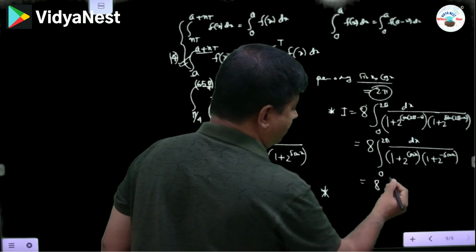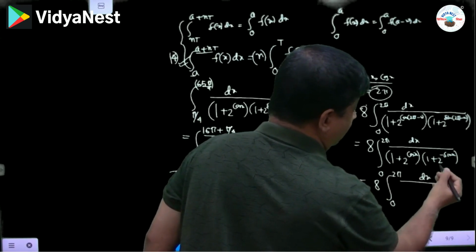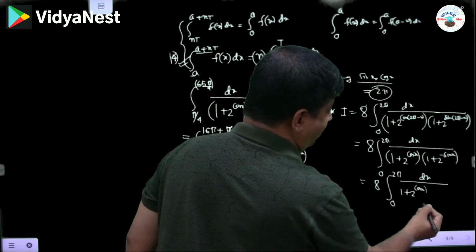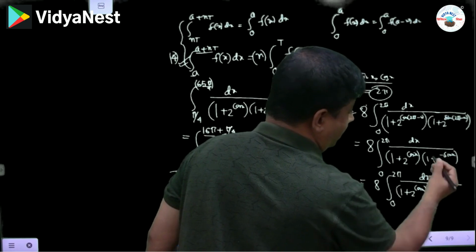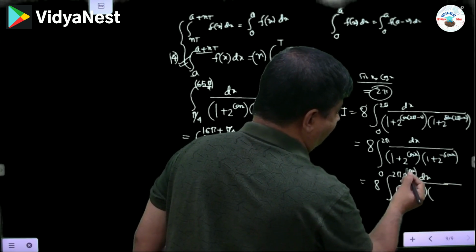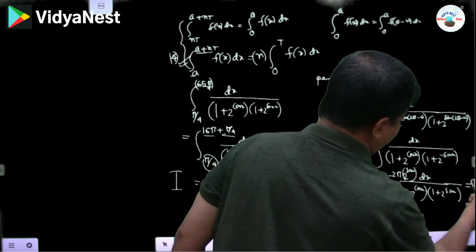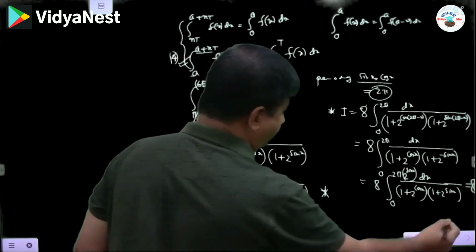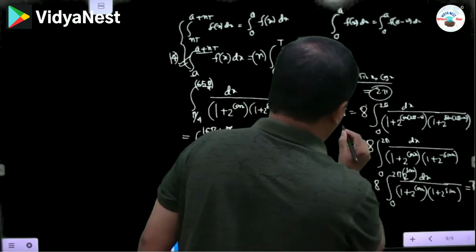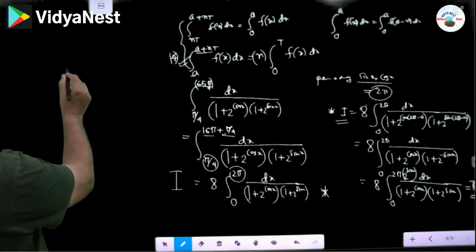So, laws of indices: 1 plus 2 to the power cos x, take the LCM, 2 to the power sin x will go up, 1 plus 2 to the power sin x, that is also I. That is also I. So that I and that I will be added, and one thing will be nullified.